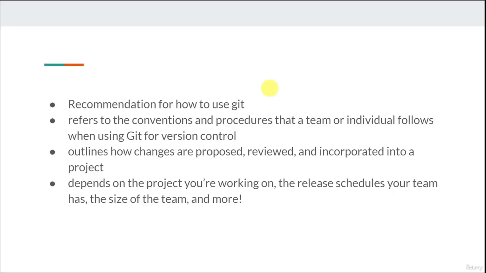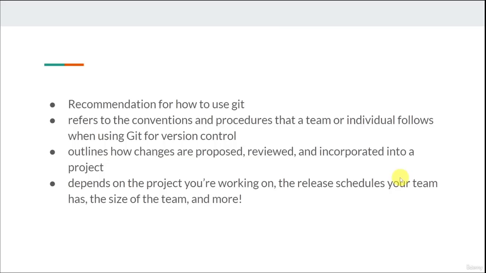Okay, so it refers to the convention and procedures that a team or individual follows when using Git for version control. Actually, it's the outline for how changes are proposed to the team, how to review them and incorporate them into a project.